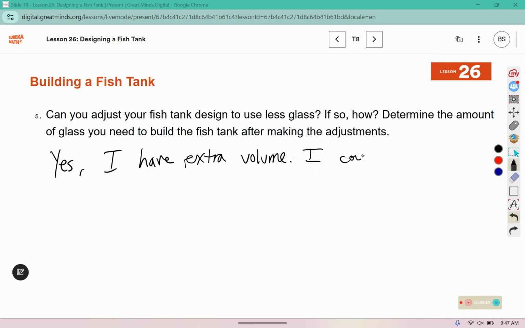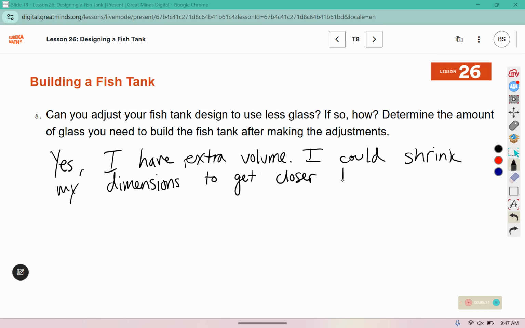I could shrink my dimensions to get closer to 32,000 centimeters cubed of water. Then it says, determine the amount of glass you would need to build the fish tank after making the adjustments.